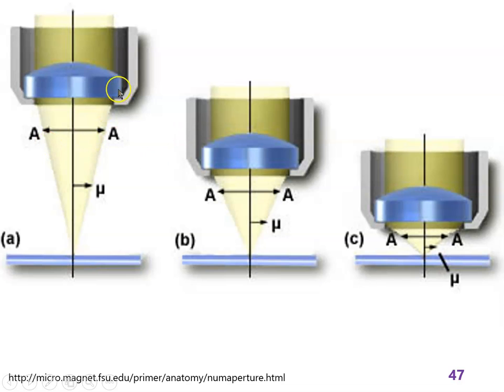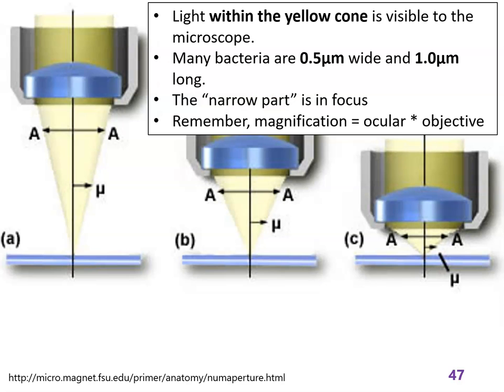So these are three different objective lenses showing kind of what controls how they work. So the idea is light is coming up through the sample, and some light is going this way, some is going that way, some is going that way.